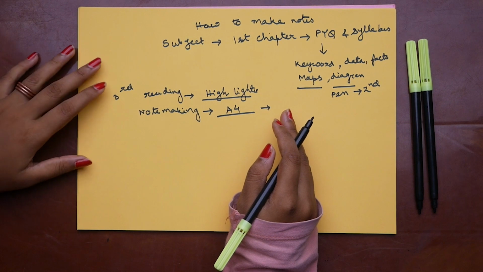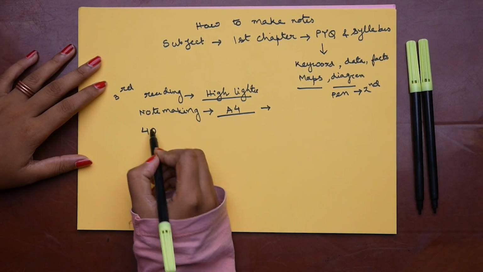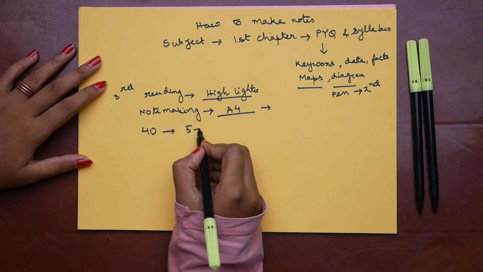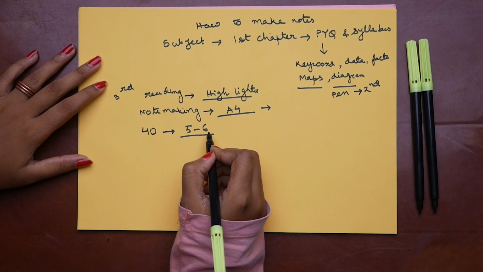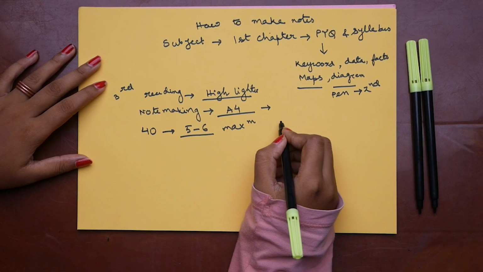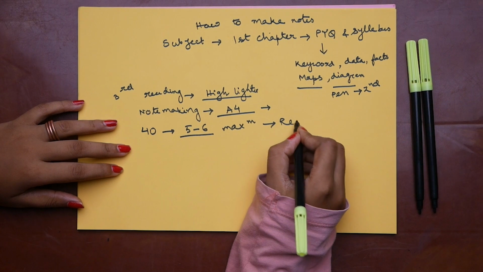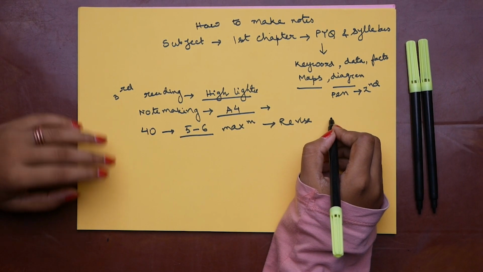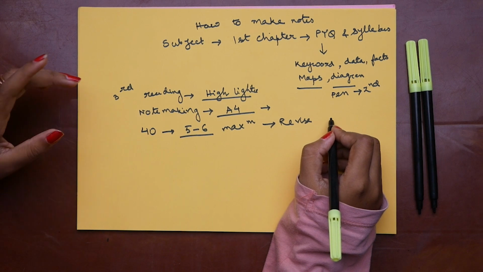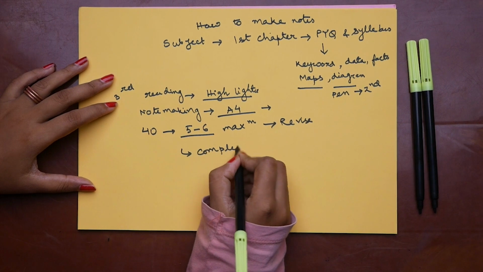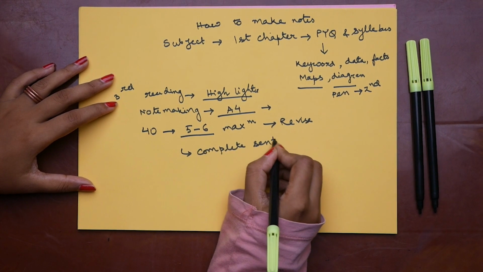Now let's say you are reading 40 pages, then try to comprehend all of it in 5 to 6 pages maximum. So that next time while you revise, you do not need to open the book. While you note down, it should not be in complete sentences. Do not try to write complete sentences.